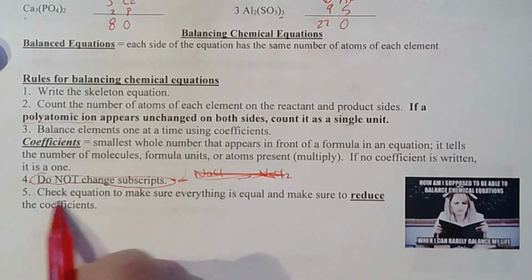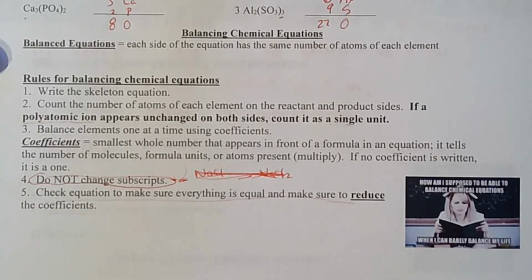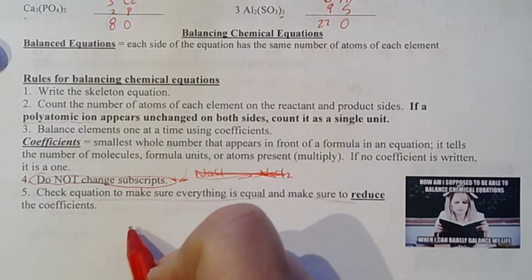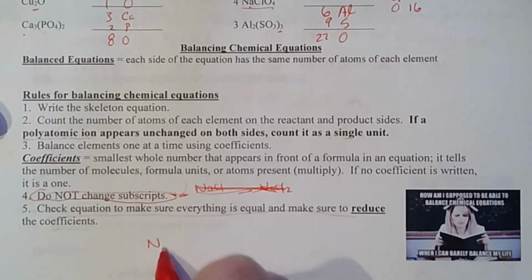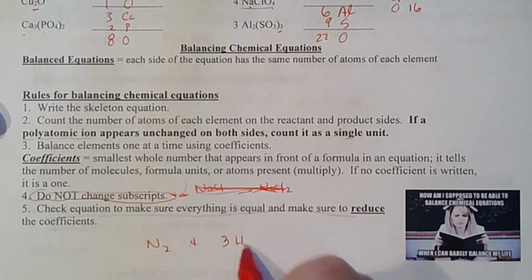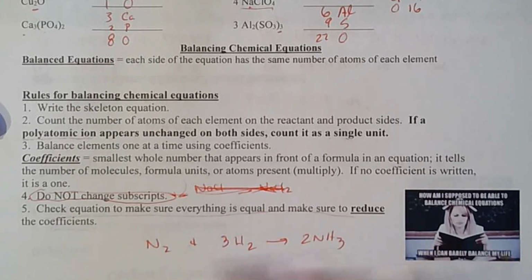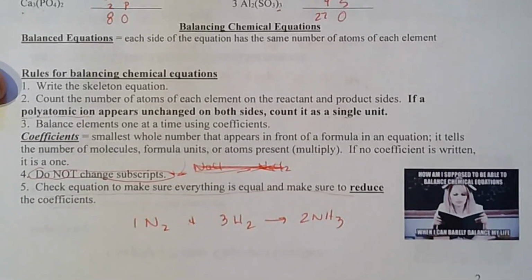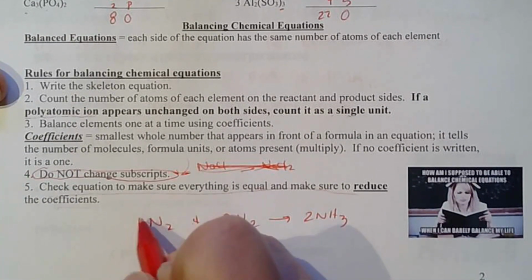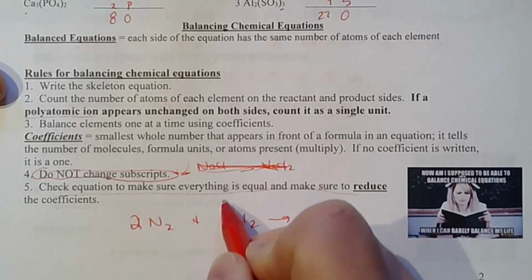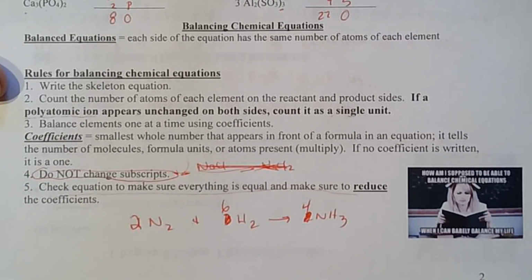And the last step is you need to make sure that your coefficients are as small as possible. If we revisit this reaction from the other side, let's say you were having a bad day and you got this to balance as 2, 6, and 4, which does balance, right?